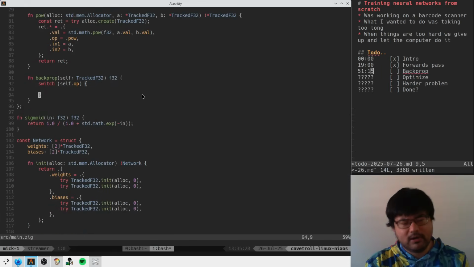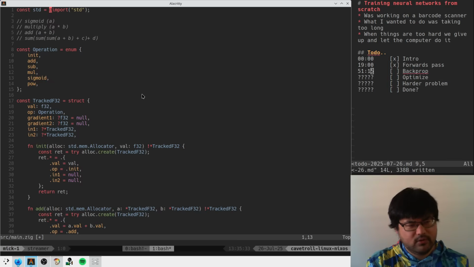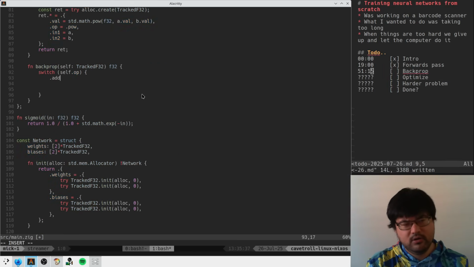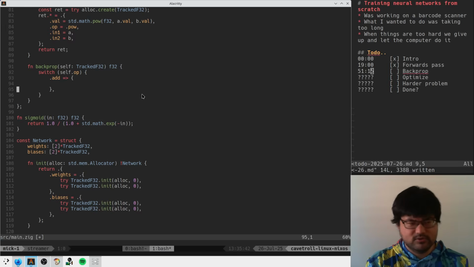Okay, so when we do backprop, add is simple. Let's just start with add and then work our way forwards from there.